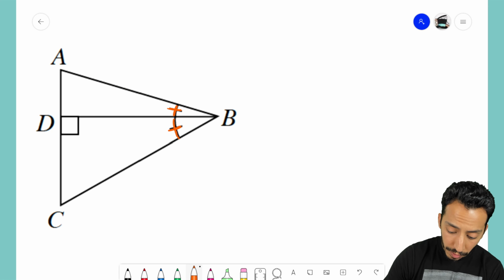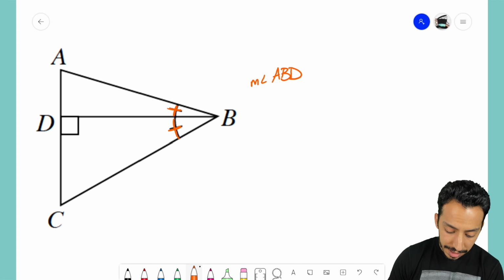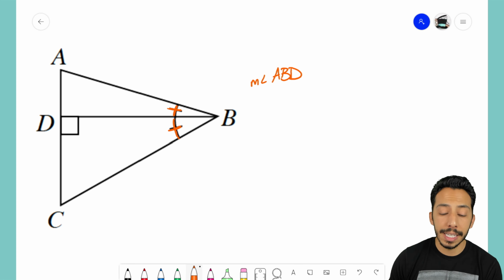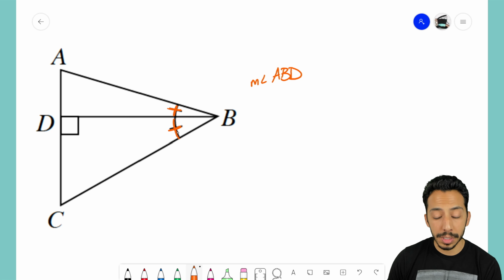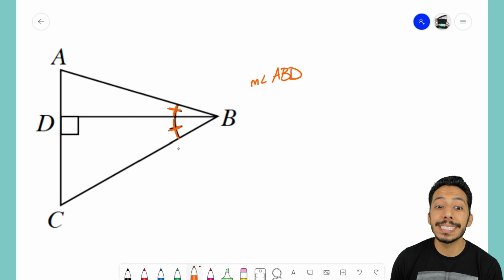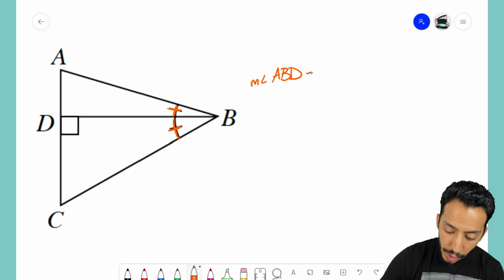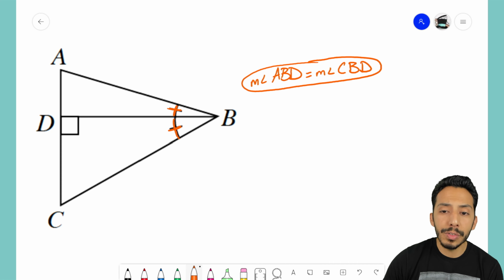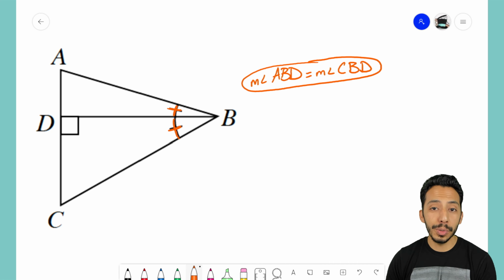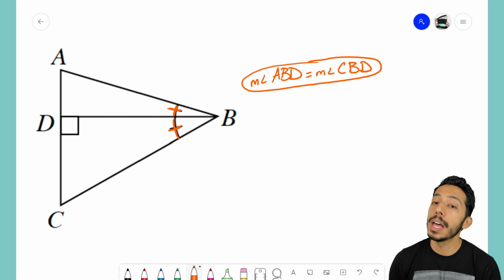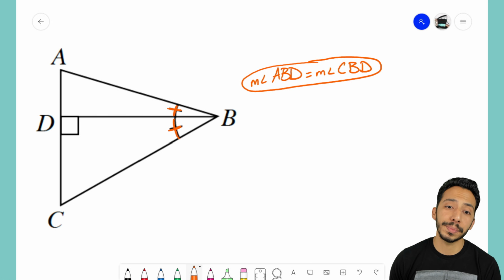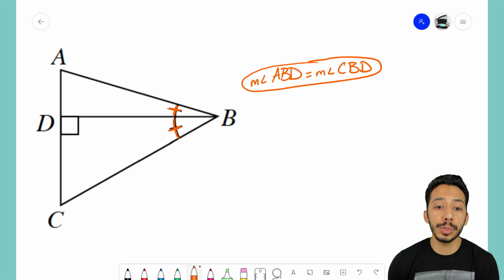So I'm going to call this the measure of angle ABD. Now I'm going to name the bottom angle. Since I did ABD, I'm going to call the bottom angle CBD. So I know that the measure of angle ABD equals the measure of angle CBD. So we're good right now. I have two angles, one in each triangle, that equal each other. So now let's keep going and see what else we see.